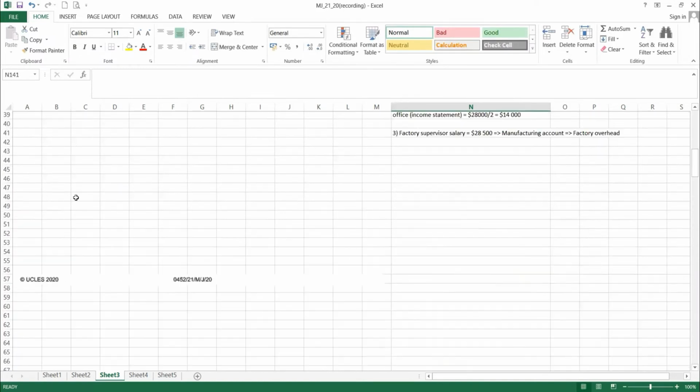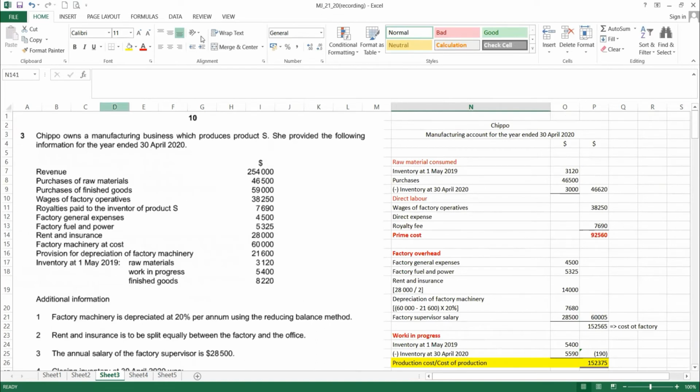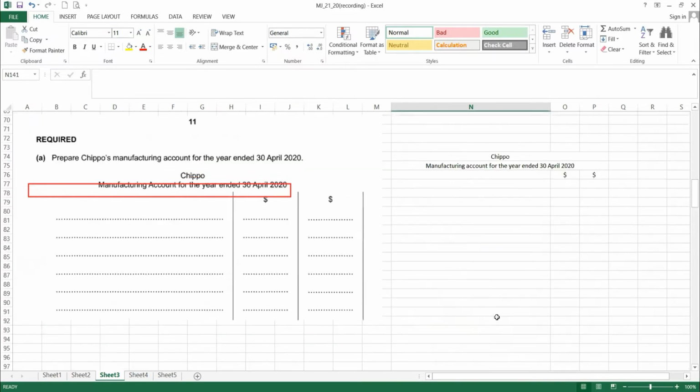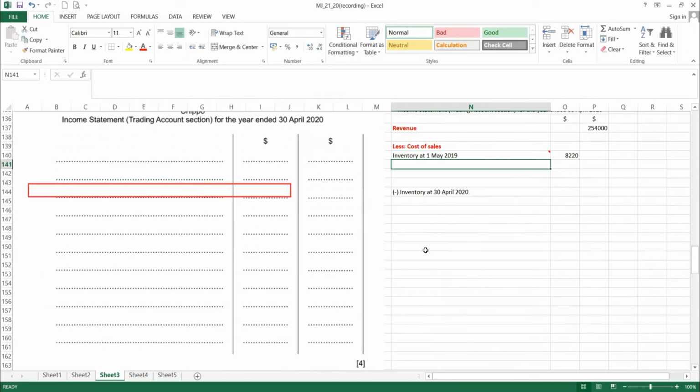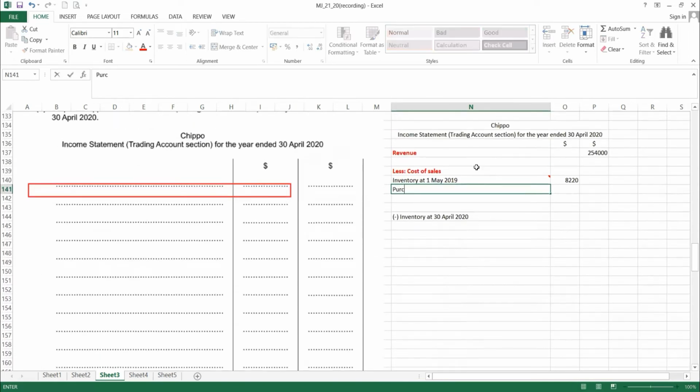Next is, in the exam, sometimes they put in the purchase. This question, they say, purchase of finished goods. It means that this is one of the cost of sales we have to take in. So here, we put in purchase of finished goods.